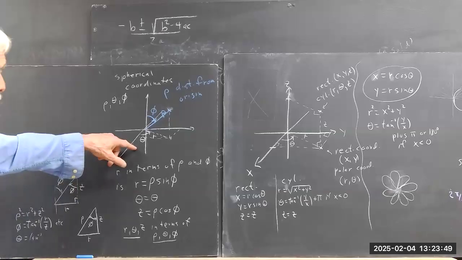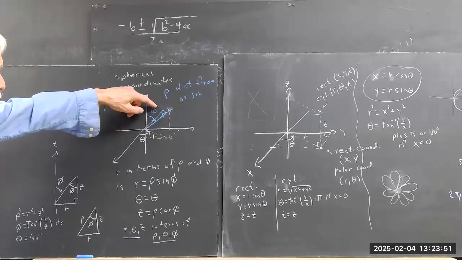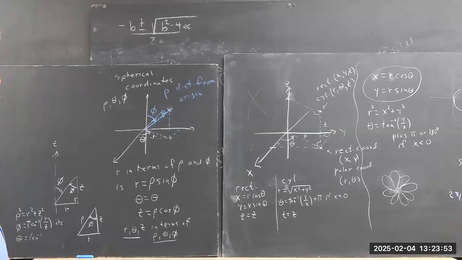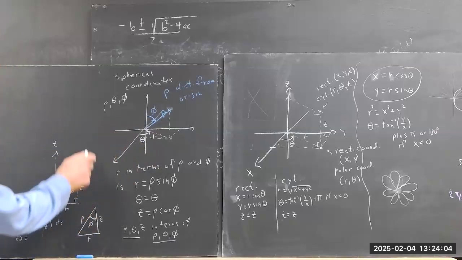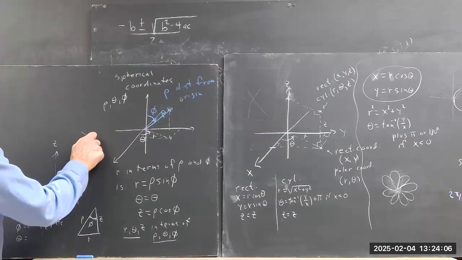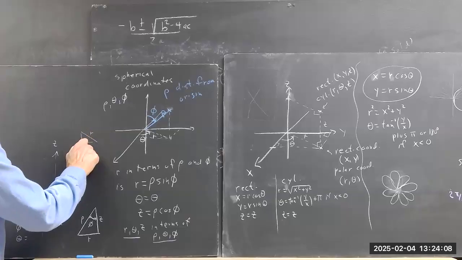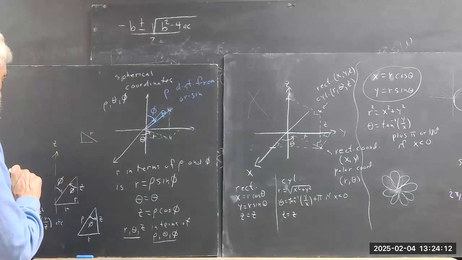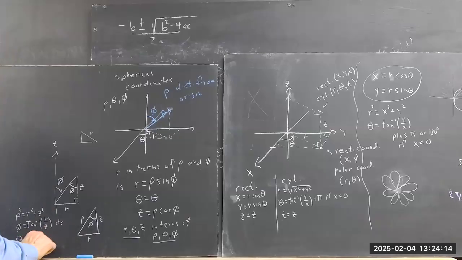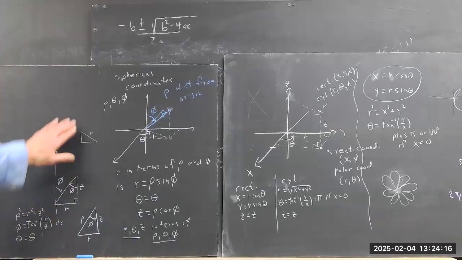And theta, in terms of rho, phi, and Z, you can look at this triangle down here, and that triangle would have R here. Theta is equal to theta.